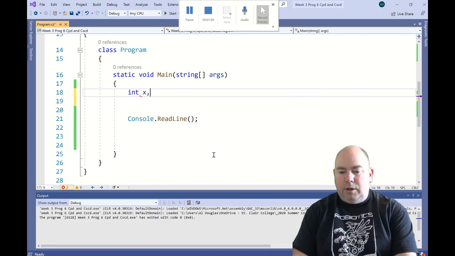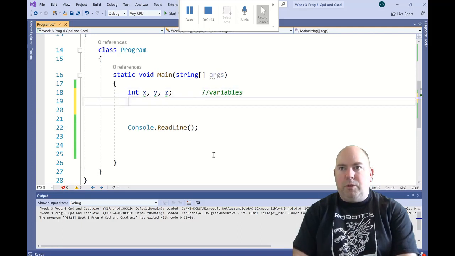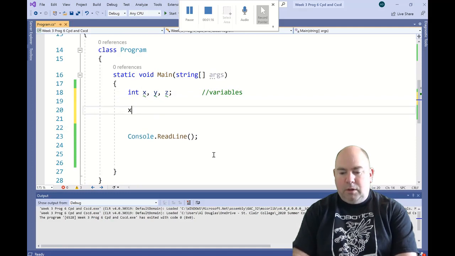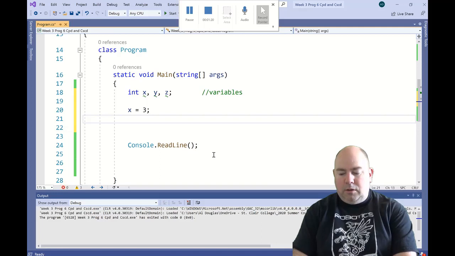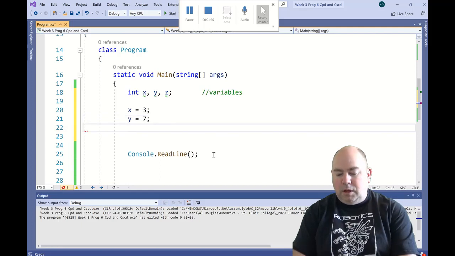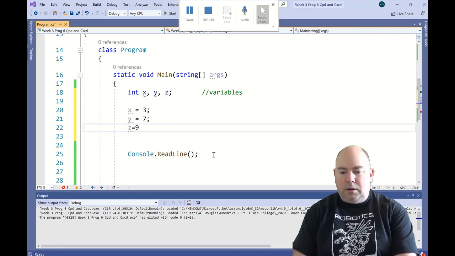So we're going to have integers x, y, and z. Those are going to be our variables, and we're going to assign values to them. So we're going to say x is equal to 3, y is equal to 7, z, let's make that equal to 9.